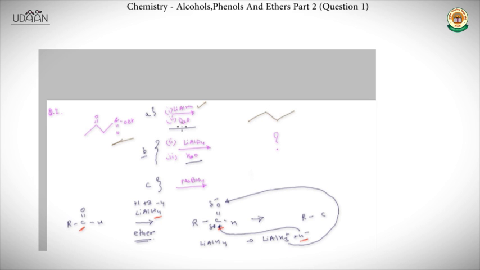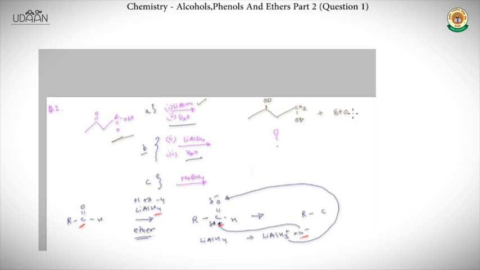And the second step is D2O. So it will be CH2OD, plus we will be getting EtO, and it will also form EtOD. So this is the answer of the first.